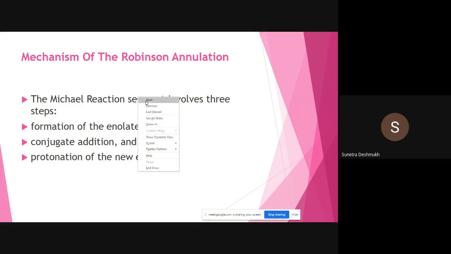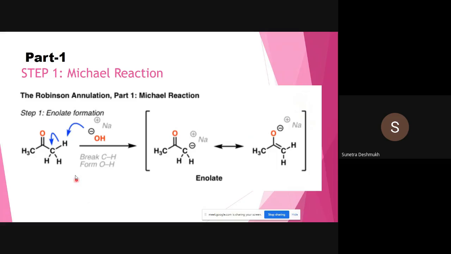So we will see now how to generate the 1,5-diketone. For the first Michael reaction step, we are going to use an active methylene compound, and we use a strong base to abstract the proton from the active methylene compound. Remember, we are going to synthesize a 1,5-diketone.